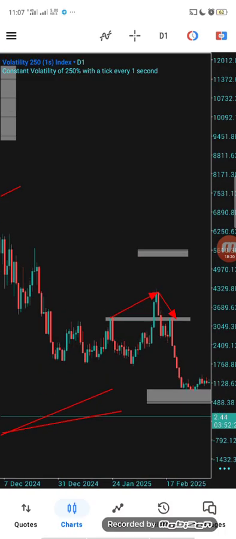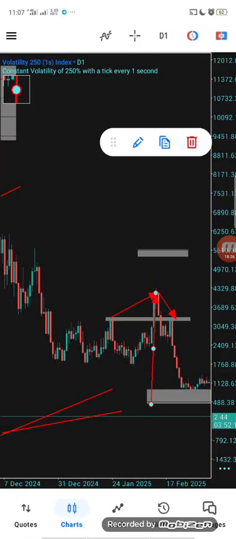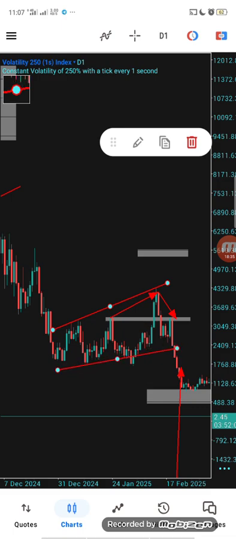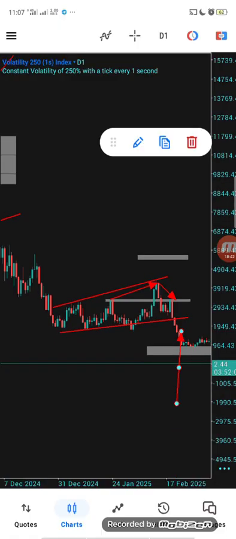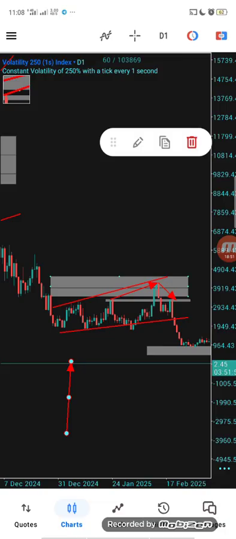So even if you did miss your entry at this region where I drew the trend lines earlier like this, let's say you missed entering at around this supply and demand zone, and you saw what we call the Quasimodo.